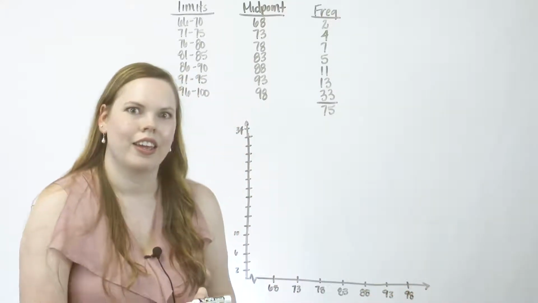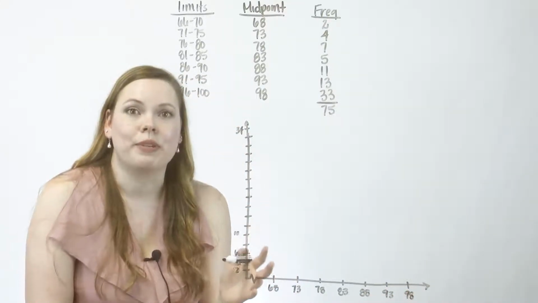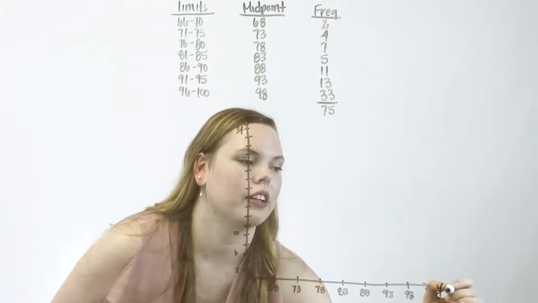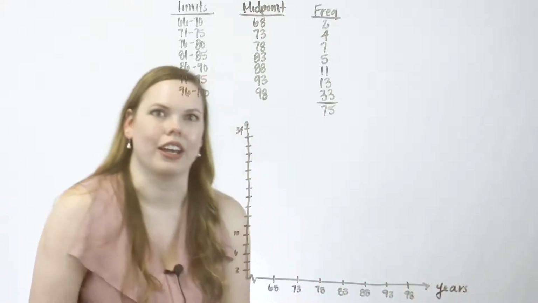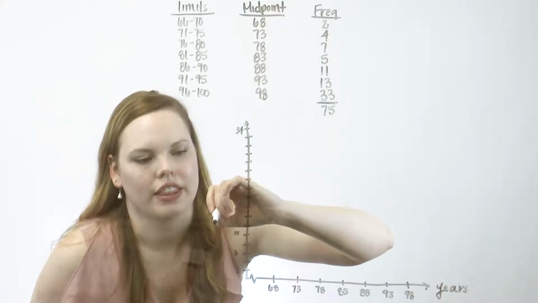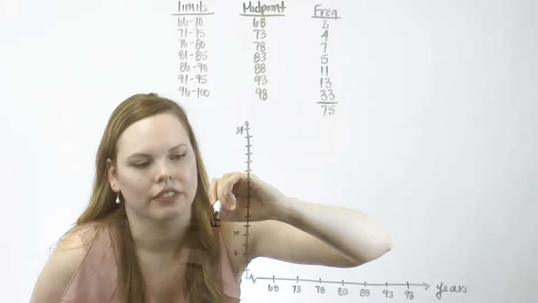And these are representative of the years of these pennies. So I'm going to label my horizontal axis with that, just so that I always have my graphs labeled. And the vertical is the frequency.